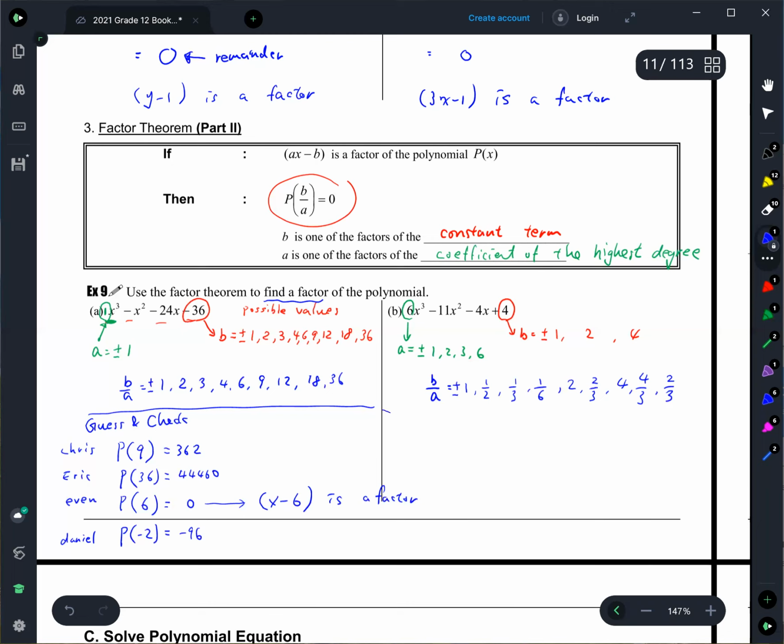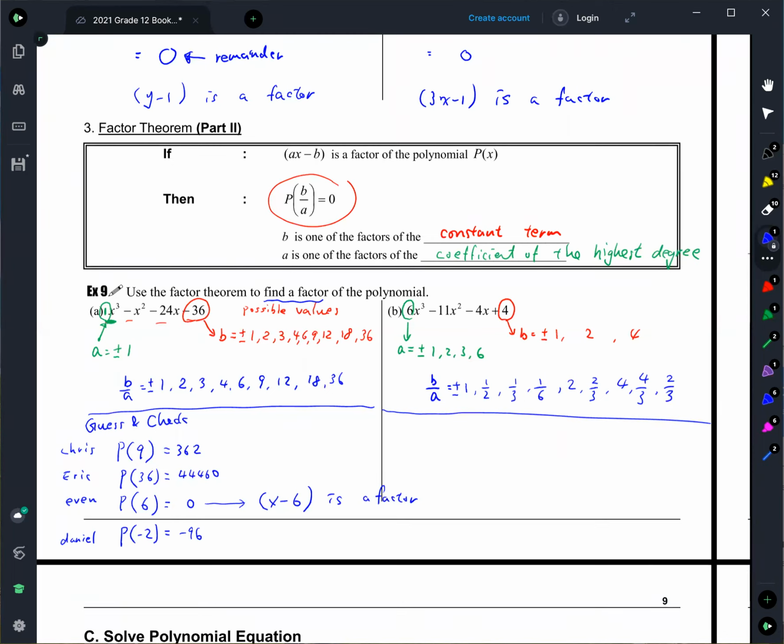So that's our list. These are the possible numbers to try. Please raise your hand if you finished listing. All right, so I'll let everyone do the guess and checking now. We need the number that makes it 0.